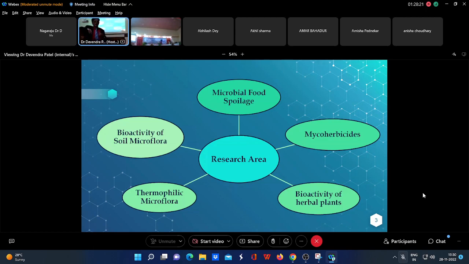So the fungi which belong to the Deuteromycetes have the ability to utilize lignin.